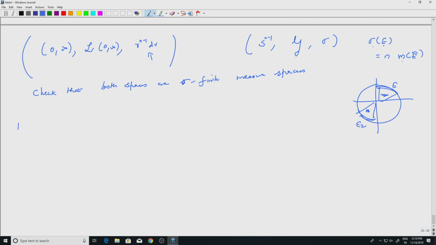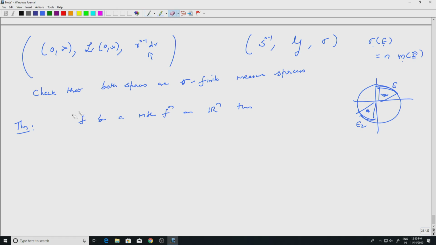So, theorem: let f be a measurable function on Rn. If the integrals exist, okay, that part I will not bother about. You can take a positive function, or f in L1.